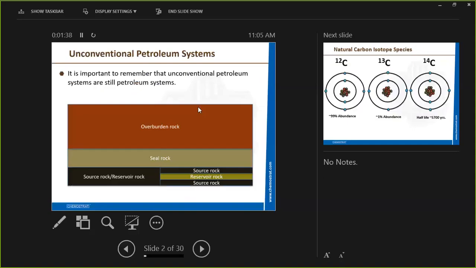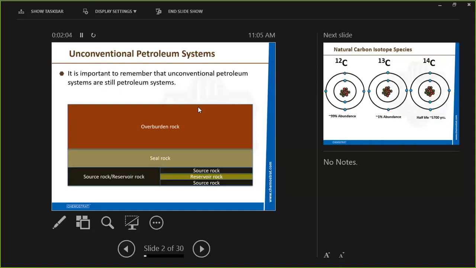All right. So one of the things I want to start out with, and one of the things I think is pretty important to mention, is that unconventional reservoirs, by which I mean drilling horizontal, are really still petroleum systems, and so a lot of the ideas or tools that we have to evaluate normal petroleum systems still apply here.